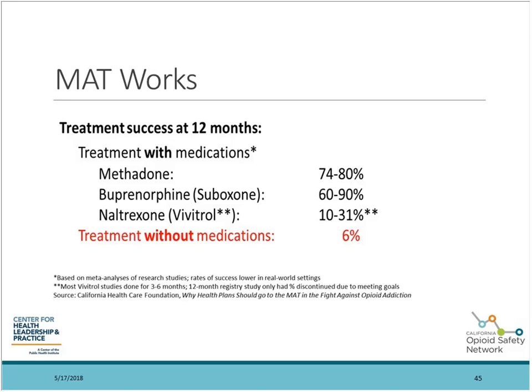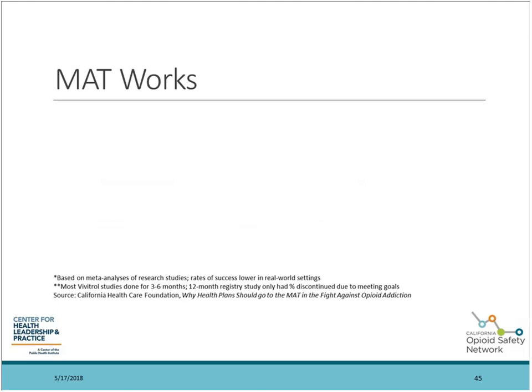This was put together by the California Healthcare Foundation, basically looking across almost a meta-analysis of a variety of studies to show that methadone, buprenorphine, and naltrexone are all much more successful as strategies for addressing opioid addiction than treatment without medications.